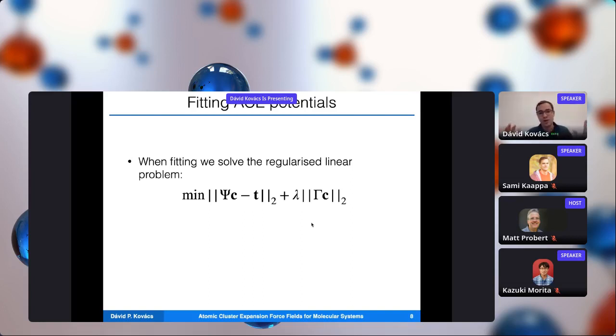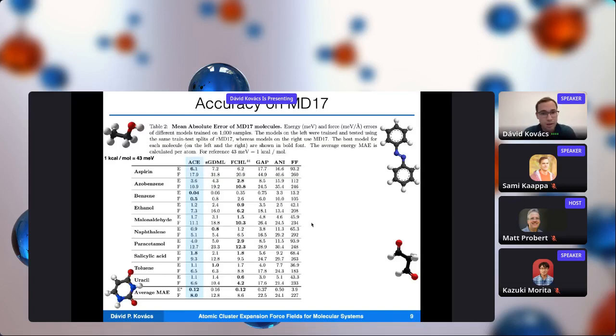So this way we allow large coefficients on smooth basis functions, but we don't allow large coefficients on the very oscillating ones. Using this kind of clever regularization, we can get a gradient-free regression with dense linear algebra solvers, and I get out nice smooth potentials. So what we get is going to be accurate.